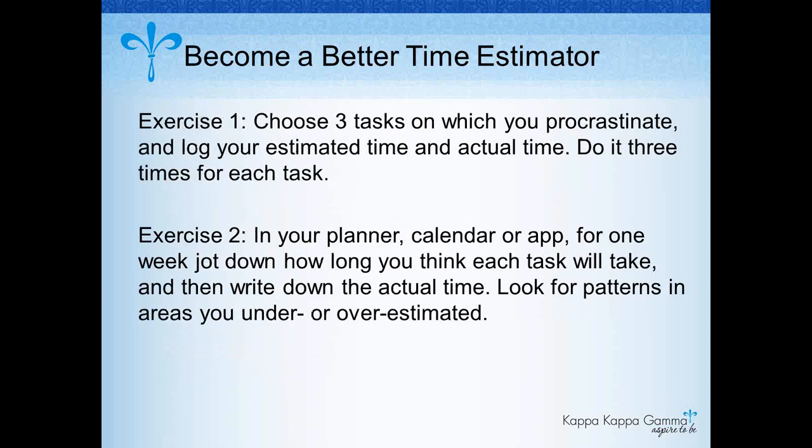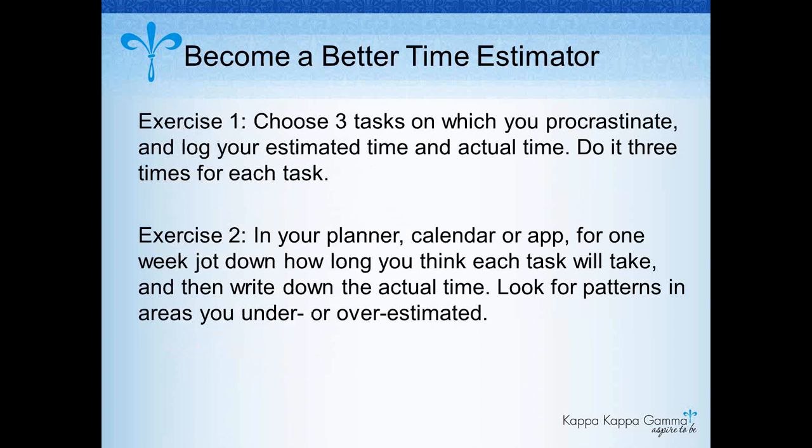So there are some ways we can become better time estimators. Two exercises that you can specifically try. One is to take three tasks on which you procrastinate, and then log how long you think it's going to take you to do that task, and then how long it actually takes you. Do it three times for each task, and see if you notice any patterns, or if you're consistently nailing the time, or are you all over the place with regards to estimating and doing it.